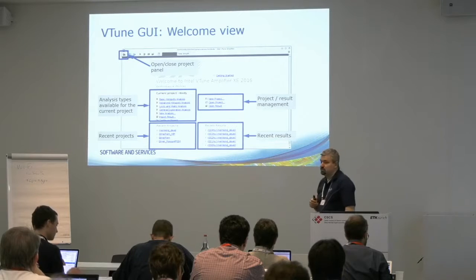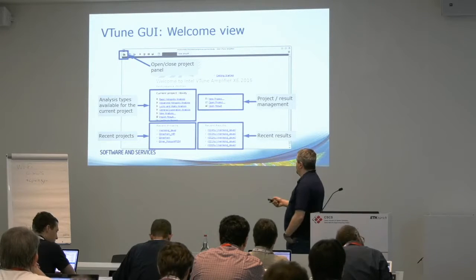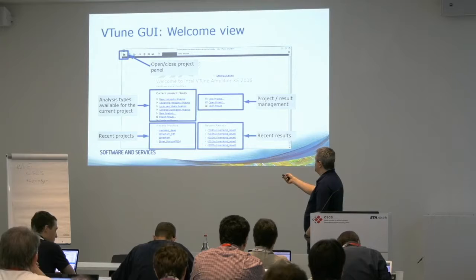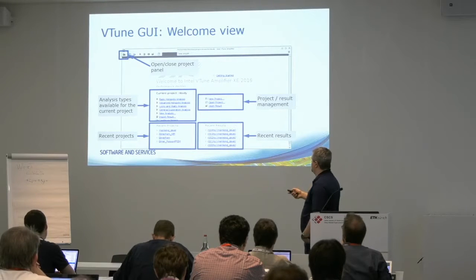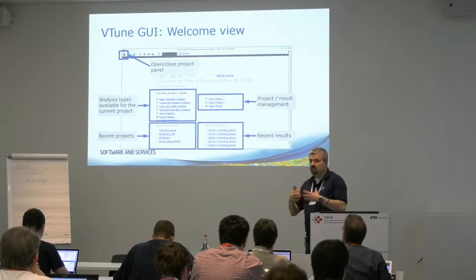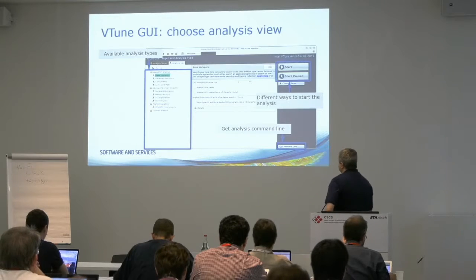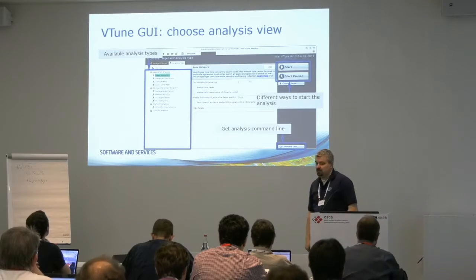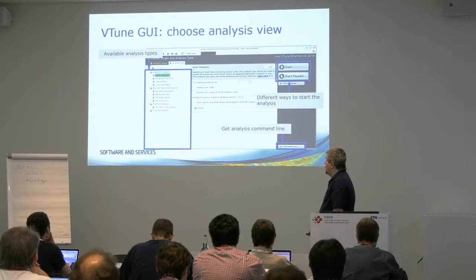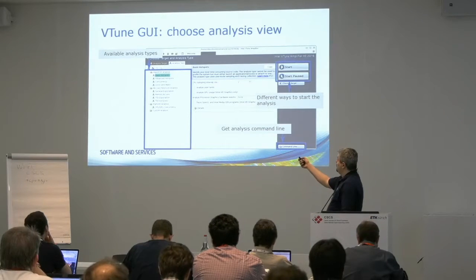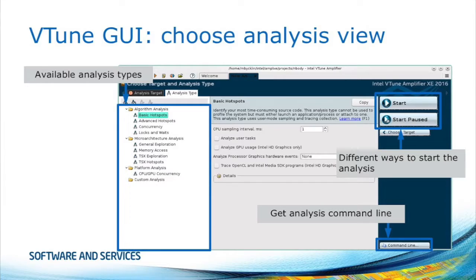Okay, so there's a little bit of GUI. You can open and close projects. You have recent projects. You have probably a current project. You can open results. So it's a bit more accessible in terms of how it looks. Now, when you are talking about a project, what you will see is two main areas, basically. Here, you select what you want to have analyzed.